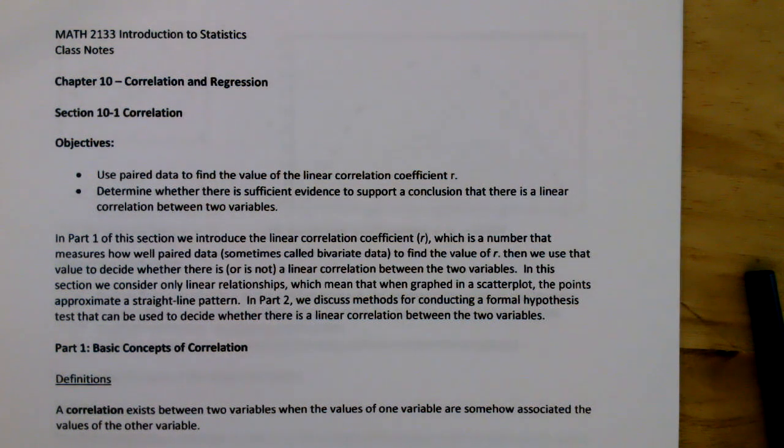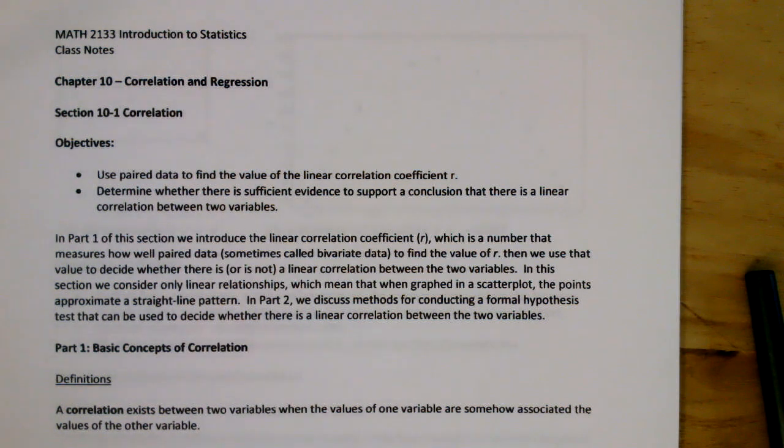All right, in section 10.1, correlation, we're going to be using paired data to find the value of the linear correlation coefficient, which is denoted by R, and then determine whether there is sufficient evidence to support a conclusion that there is a linear correlation between the two variables. Okay.